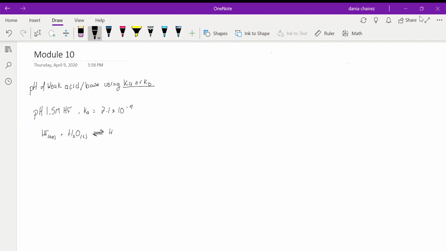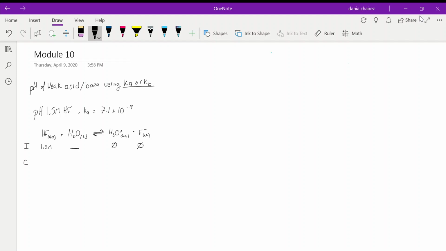And we're going to have our hydronium ion aqueous plus our fluoride ion, also aqueous. So for the ICE table, I is for initial, and we have 1.5 molar. Condensed states don't matter in equilibrium, they just become 1, so we don't have to fill that out. And 0 for our products because we haven't started them yet.